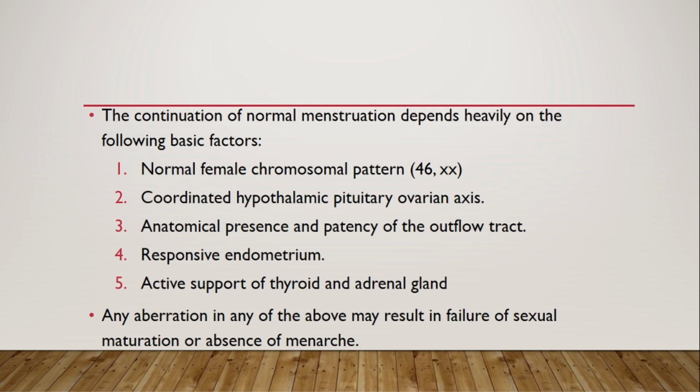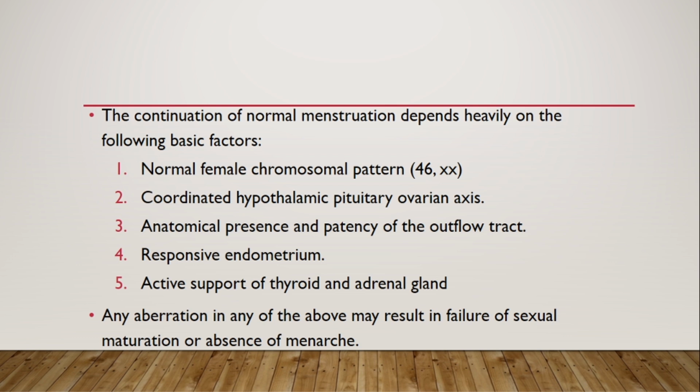What do we mean by coordinated hypothalamic pituitary ovarian axis? The hypothalamus secretes gonadotrophin-releasing hormone, and this acts on the anterior pituitary to release the gonadotropins, the follicle-stimulating hormone and the luteinizing hormone. Both act on the ovary.